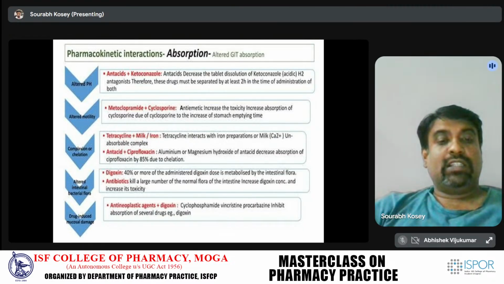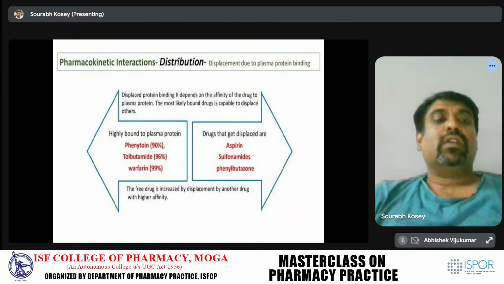Antibiotics kill a large number of normal flora of the intestine, increasing digoxin concentration and its toxicity. Anti-neoplastic agents like cyclophosphamide, vincristine, and procarbazine inhibit absorption of several drugs, for example digoxin.